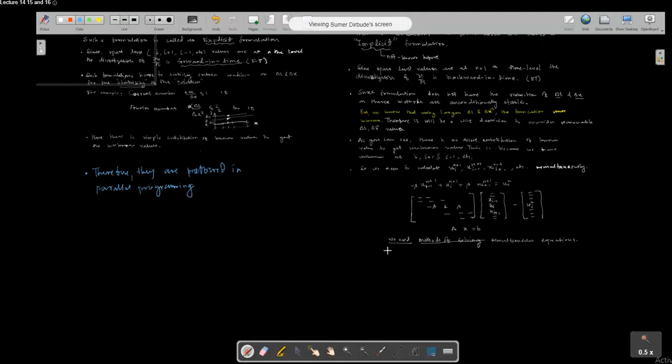And here, these are a little cumbersome to program in parallel and to use in a parallel program.